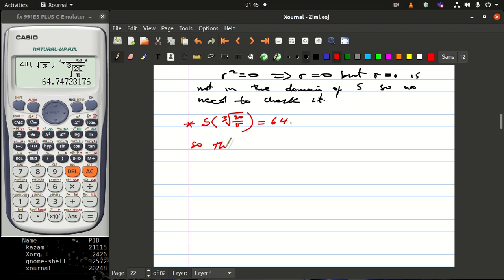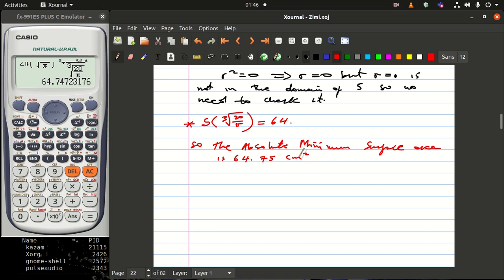So the absolute minimum surface area is 64.75 centimeter squared.